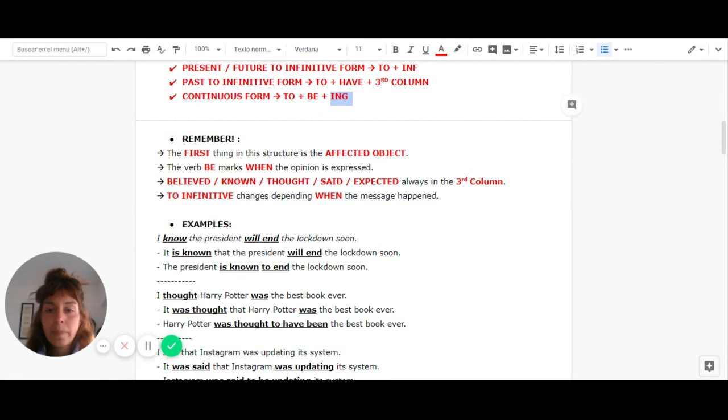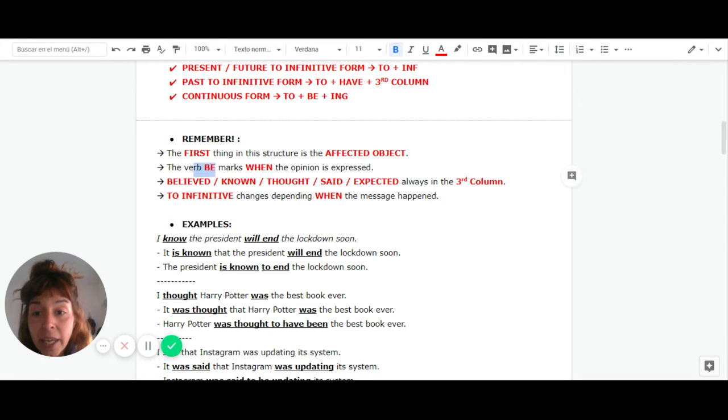So, remember, the first thing in this structure is the thing that is affected. Entonces, miren este ejemplo. The president es del que vamos a hablar. En esta estructura, lo primero que ponemos es de aquello o de quién estamos hablando, sobre quién o qué es nuestra opinión.